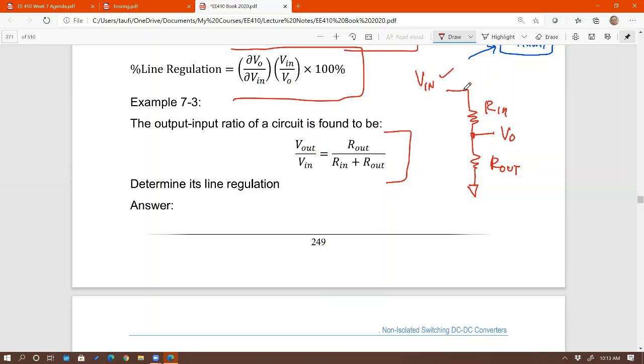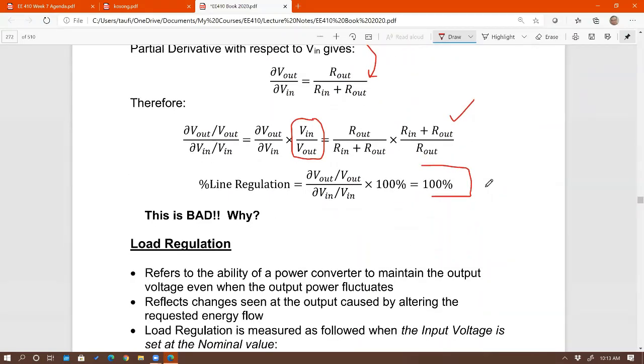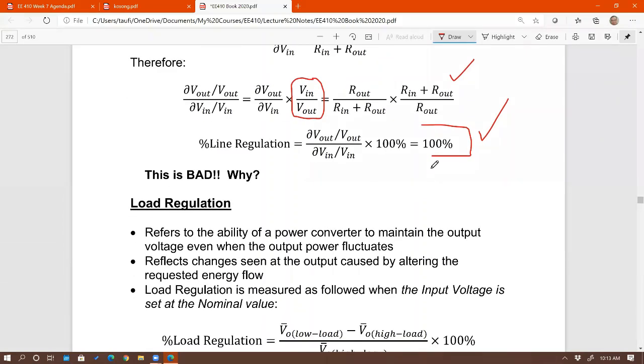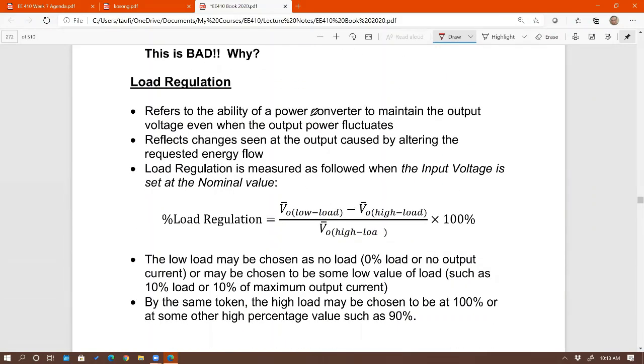That's why in DC to DC converter, we use this a lot. And you're going to practice using this as well in the lab today, right? Using voltage divider to change the output voltage, basically changing the sensor. Okay, that's the reason why it is a very good sensor for voltage, because it has a line regulation of 100%. Very bad for DC to DC converter, but good for sensor. Okay, any question on that one?